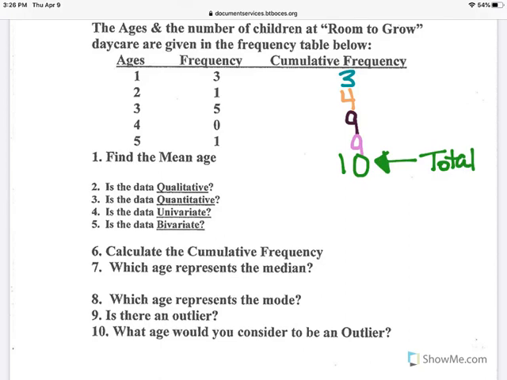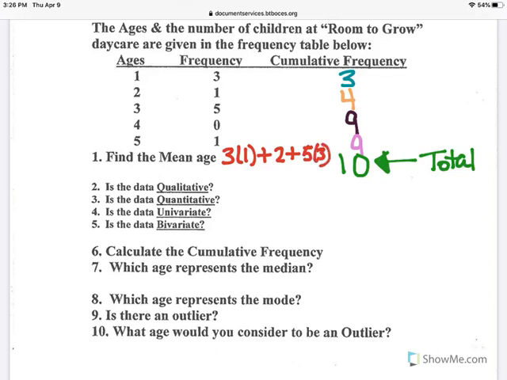Or you can take a shortcut. Since there are 3 students who are age 1, you could take that 3, multiply it with 1, plus there is 1 kid that is of age 2, so that's just plus 2, plus there are 5 3-year-olds, so you could do 5 times 3.